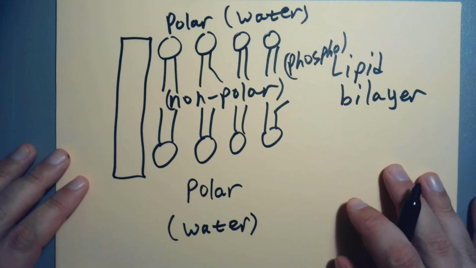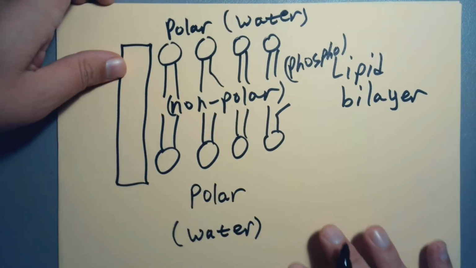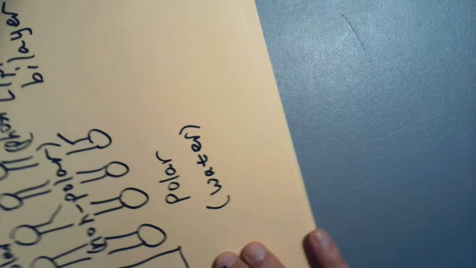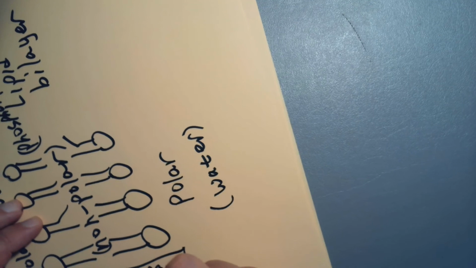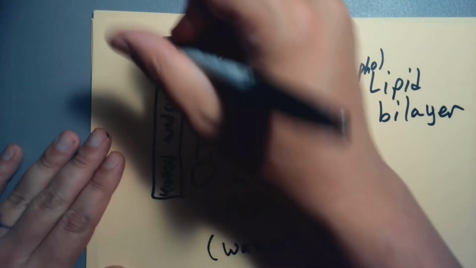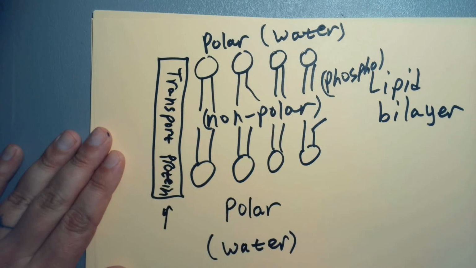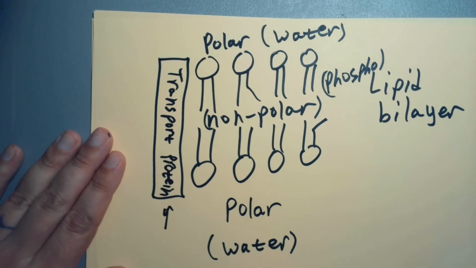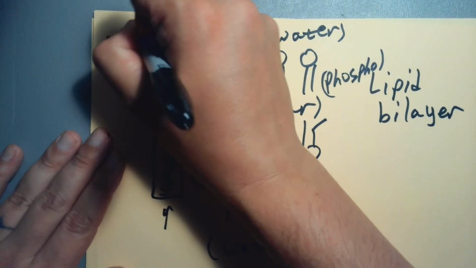Alright, so what we have here is called, I'm going to turn this sideways to the right for a second, a transport protein. And that allows stuff to move. Say this is in the cell here. This is outside.